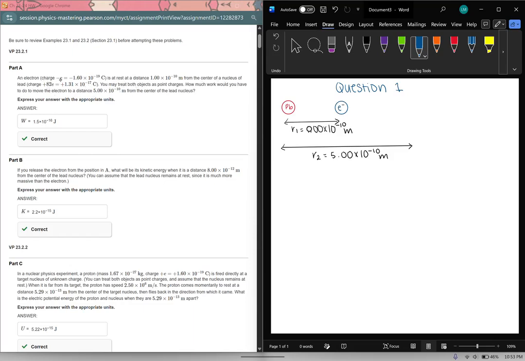The problem says an electron with charge negative e equals negative 1.60 times 10 to the power of negative 19 C is at rest at a distance from the center of the nucleus.